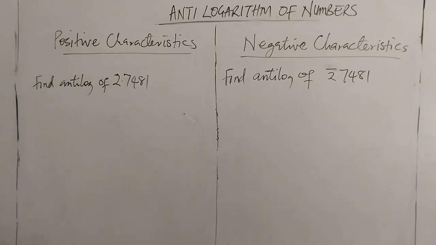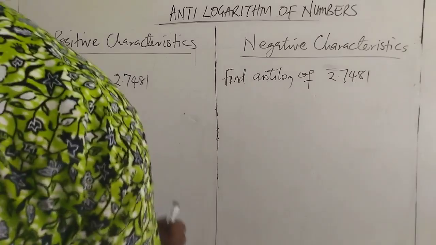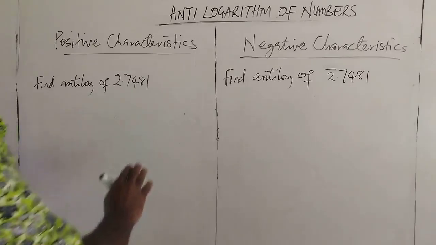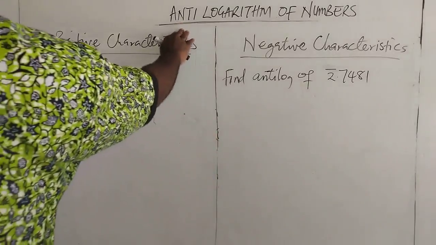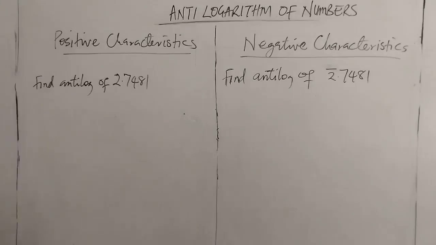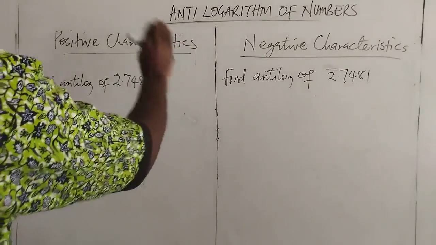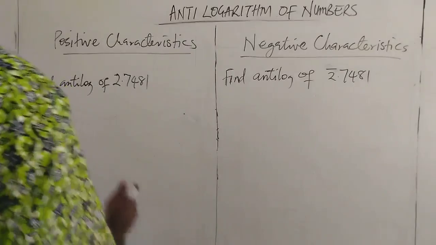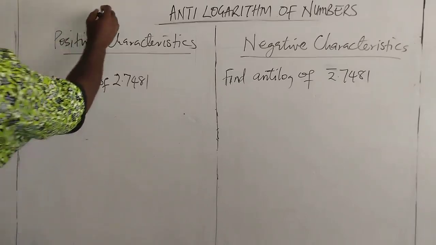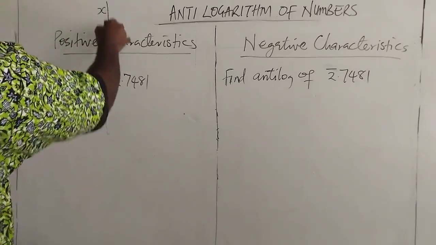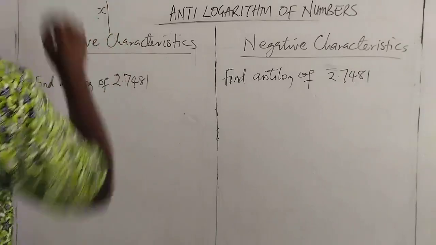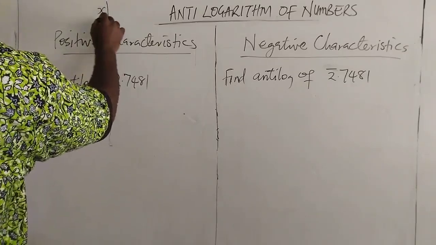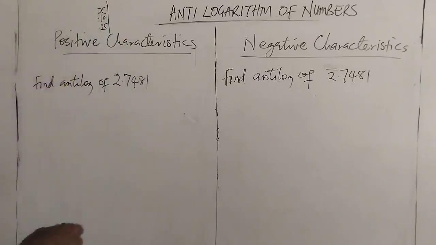Now, for the number I have on the board, if you go to the anti-logarithm table, because we have a separate table on the statistical table called anti-logarithm of numbers. Once you locate that table, you will discover that on the column X, the numbers there start with 0.10, 0.25, and so on.